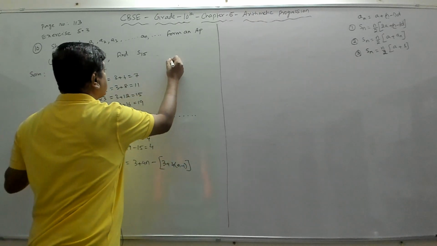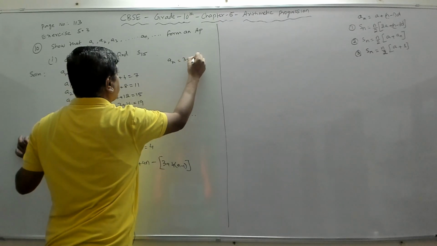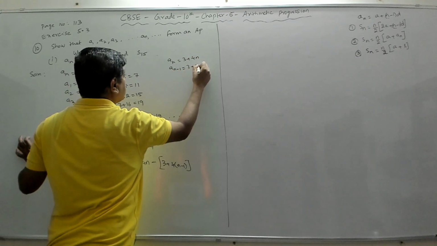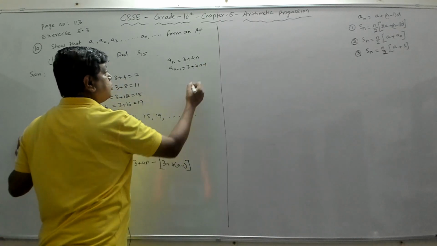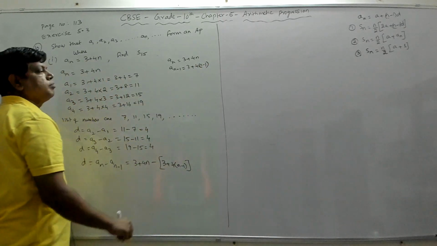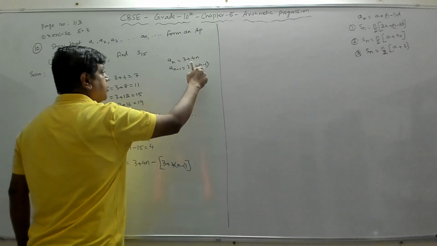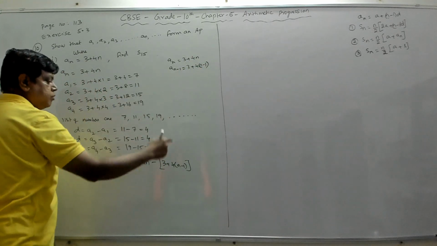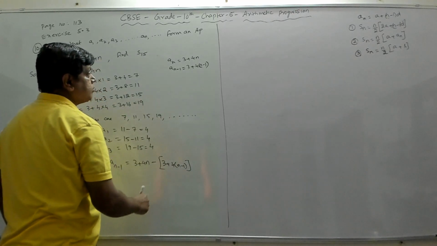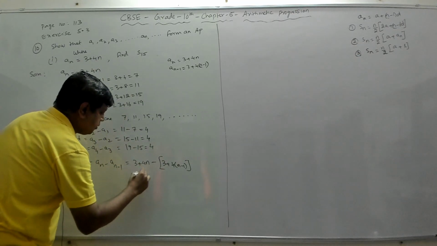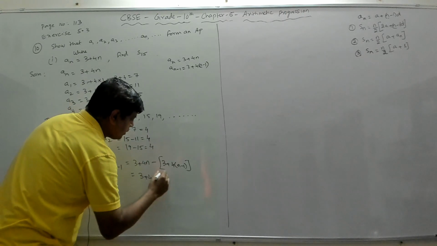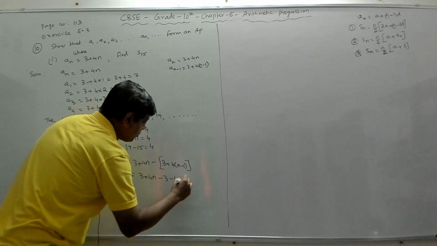If your AN is 3 plus 4n, then AN minus 1 will be 3 plus 4 into (n minus 1). Don't put 4n minus 1; you have to put a bracket, so the entire n becomes n minus 1. So this is your AN minus 1, which I have written here. Now if you simplify this, 3 plus 4n, minus into 3 is minus 3, minus into this is minus 4 into (n minus 1).